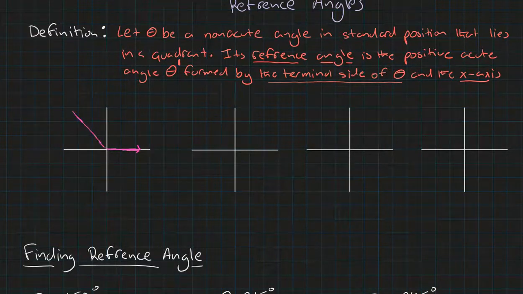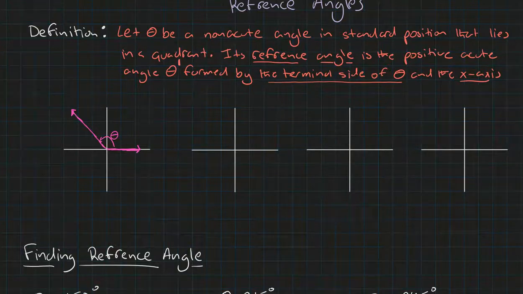So let's just put it in the second quadrant. This angle right here is theta, and it has a reference angle that is going to be a positive acute angle theta prime.